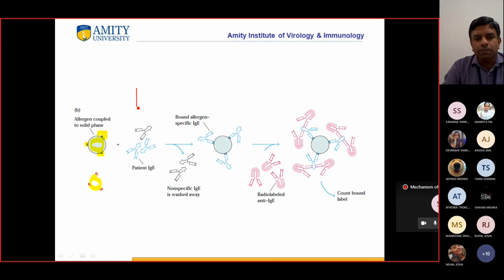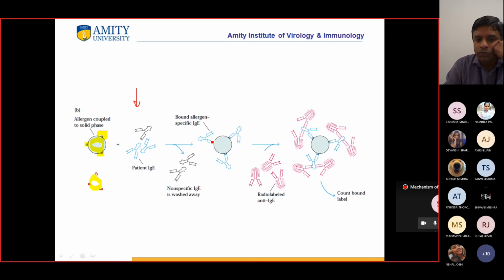Now you add the patient sample. You can see in the patient there is IgE against different allergens. Now after incubation, if there is IgE against this allergen, it will bind.